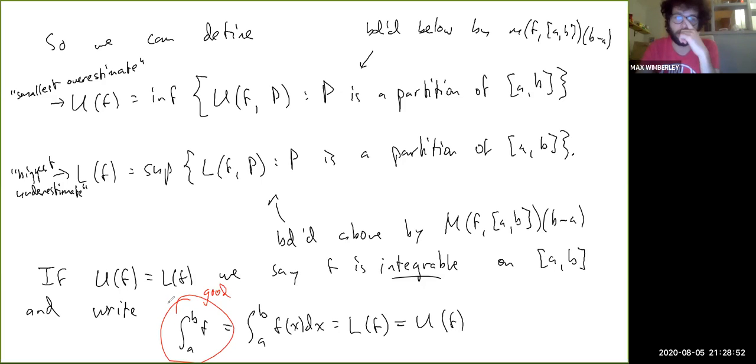So this is the notation for the integral, and this is the value, and the way we've defined it here is what we call the Darboux integral.